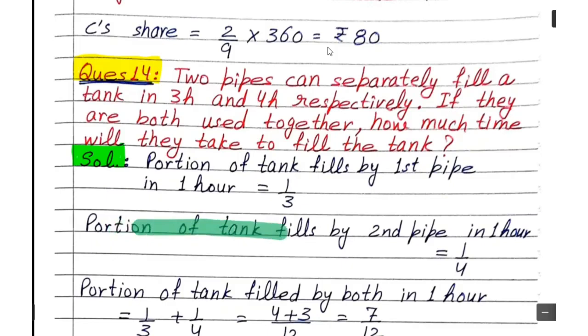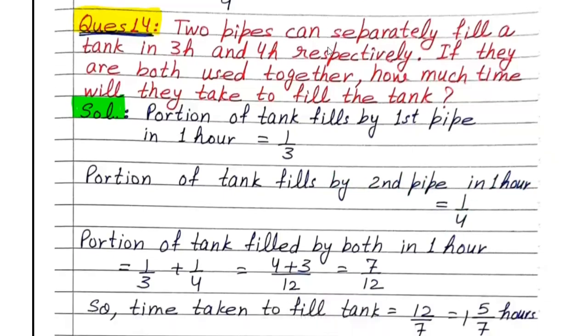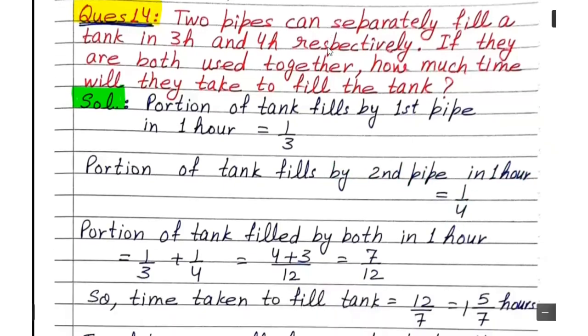Now portion of tank filled by the second pipe in 1 hour is 1 by 4. Now we have to find the portion of tank filled by both in 1 hour, right? So that is equal to 1 by 3 plus 1 by 4, that is 7 upon 12.